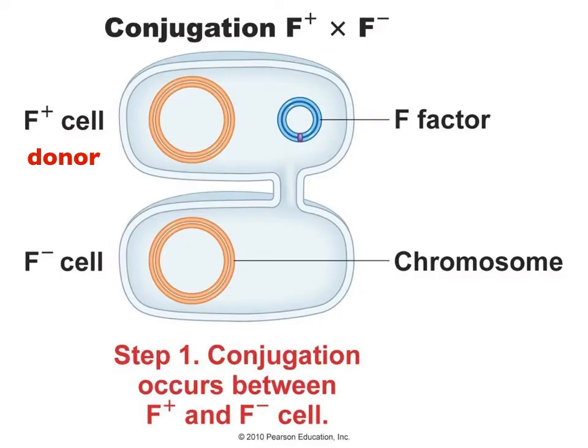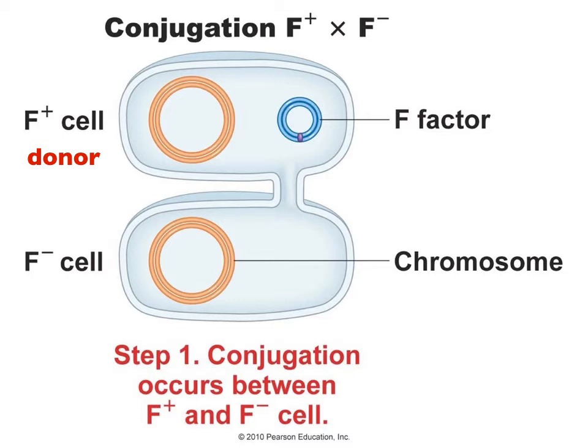So here we have two cells, okay? An F positive cell and an F negative cell. The difference between them is this blue circle, okay? The yellow circles are meant to indicate the primary or the main bacterial chromosome. Each of these cells, the F positive and the F negative, has a bacterial chromosome, okay?